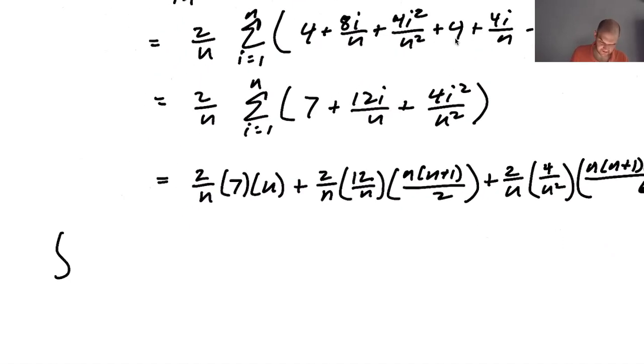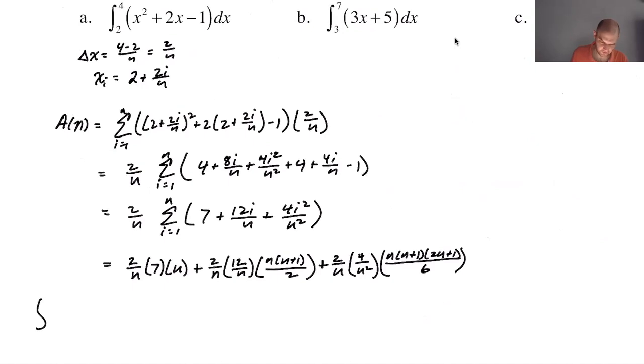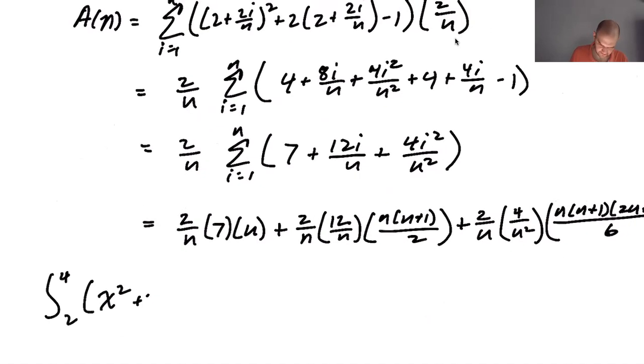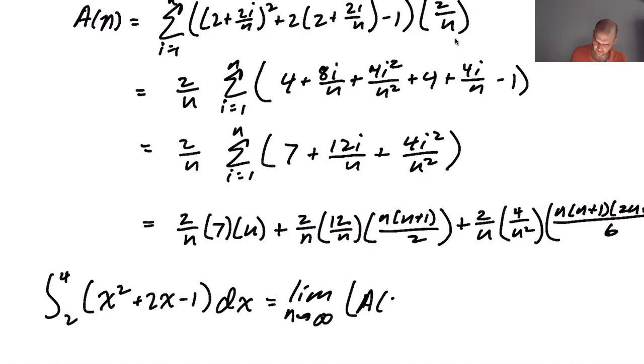So we're getting the integral from 2 to 4 of x squared plus 2x minus 1 dx is the limit as n approaches infinity. I'm just going to say of a of n, right? We named it a of n way back.